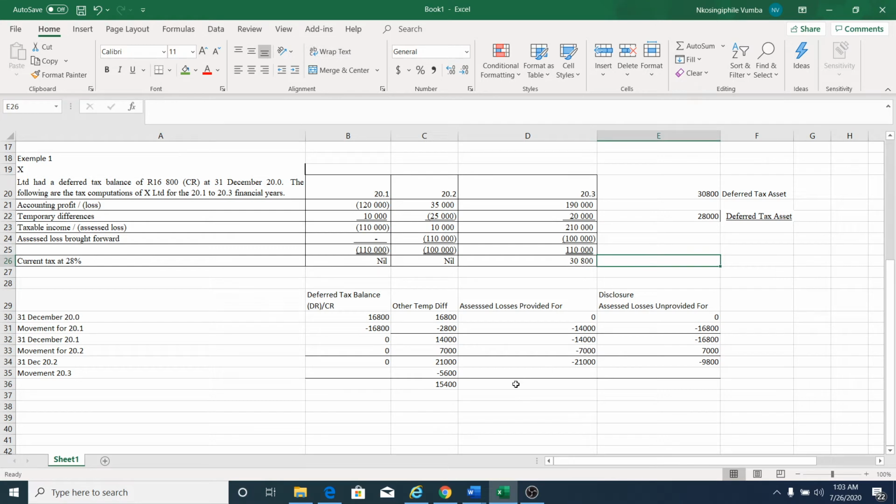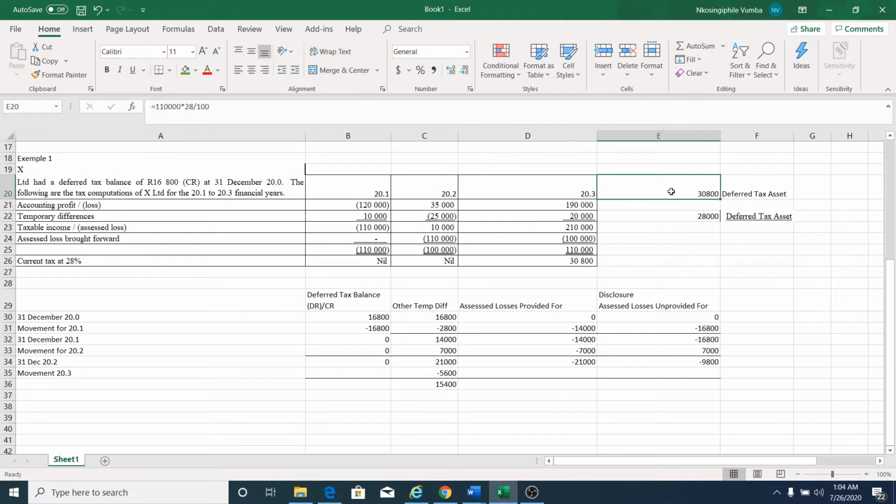Okay, what this means is, for this year, if we've made a taxable income of 110, let me quickly check something. Multiply by 28%, obviously it gives you 30.8.